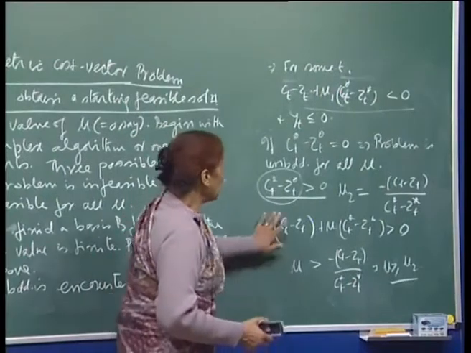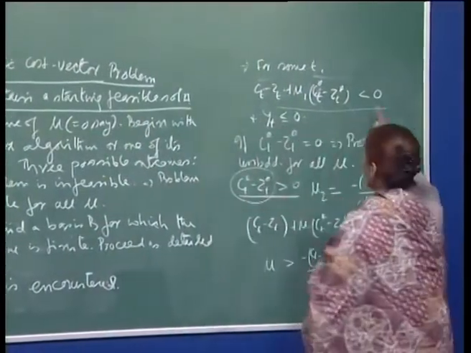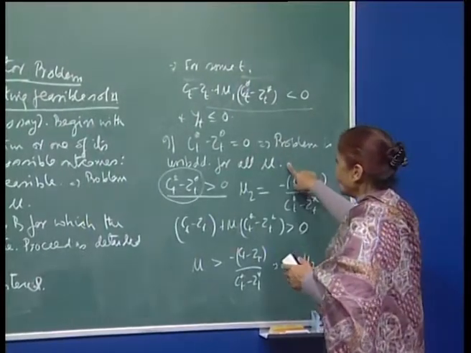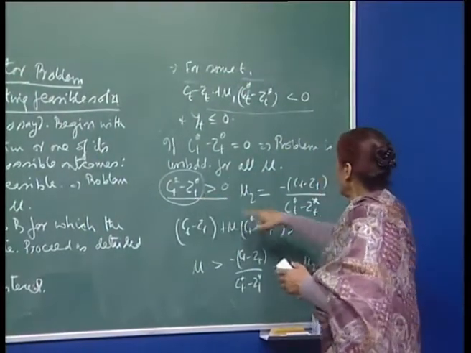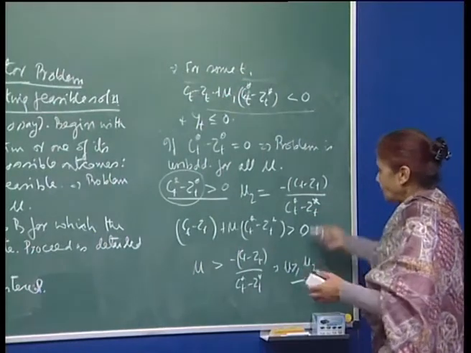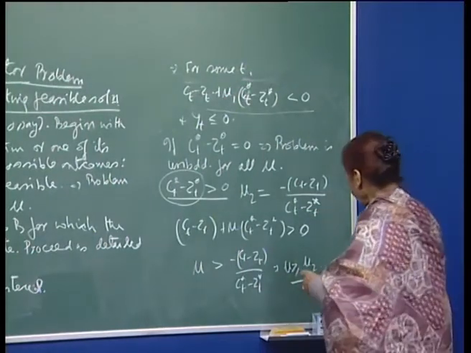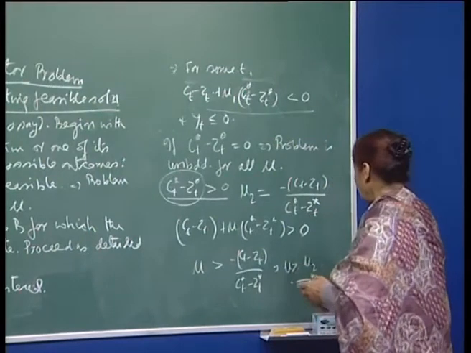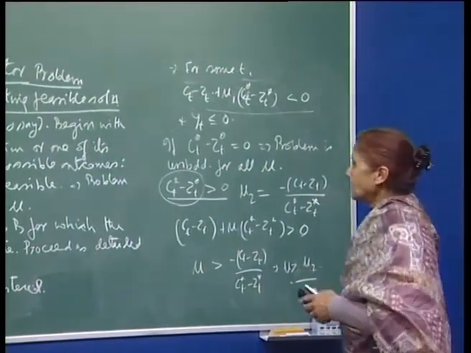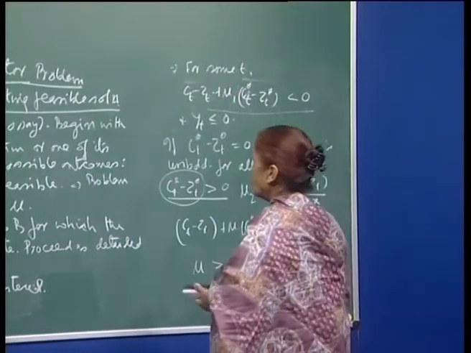So we know the method. For some t, what we are saying is that if this is 0, the problem is unbounded for all mu, and if this is positive, then you have a mu2, and mu has to be strictly bigger than mu2, and similarly we can write it out.